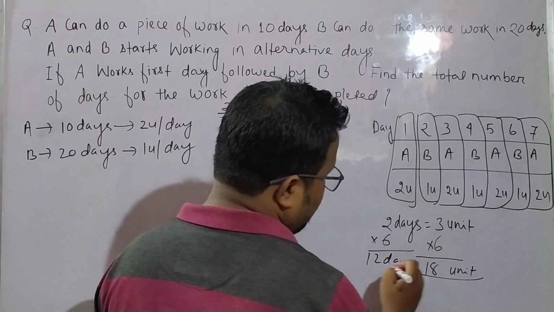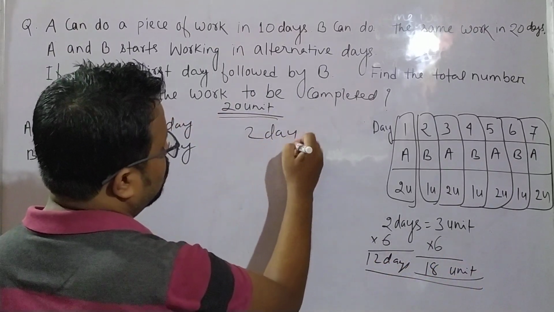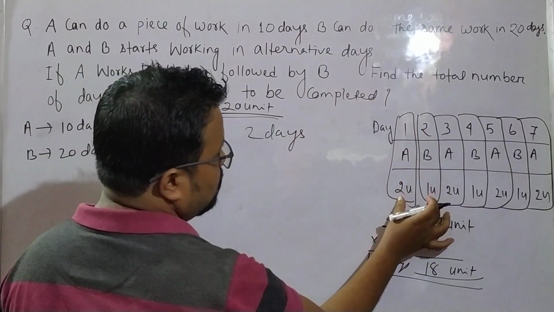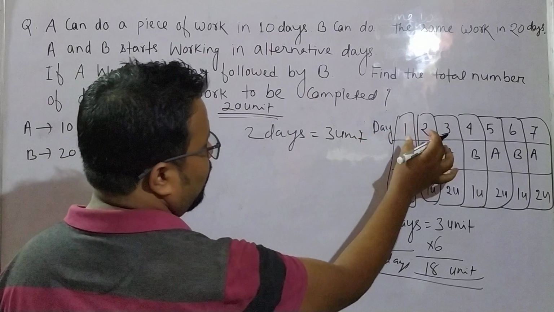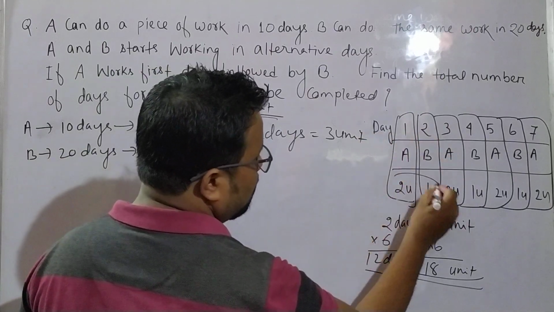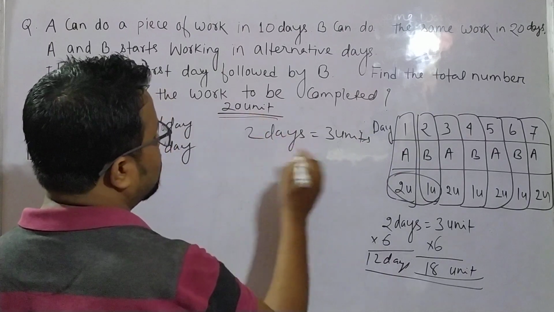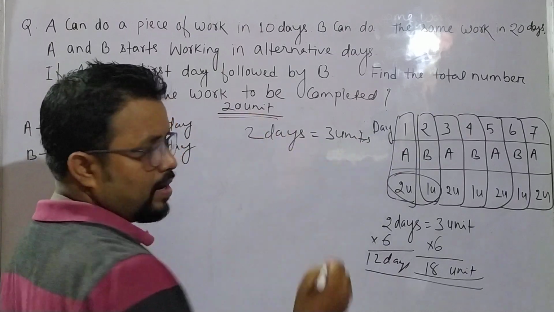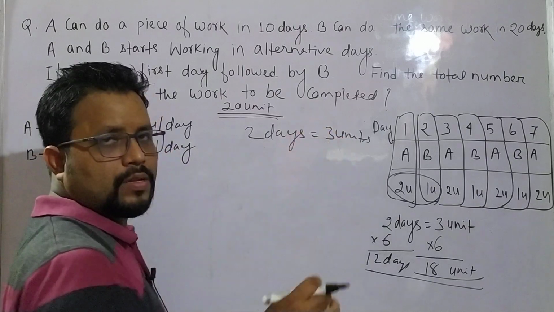So every 2 days, how many units? 2 plus 1, 3 units. I need 20 units, so we must multiply with 6, not 7. Why?